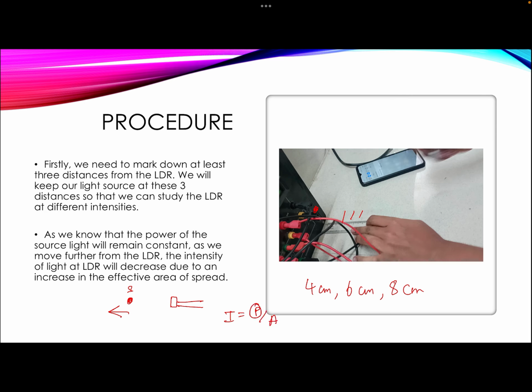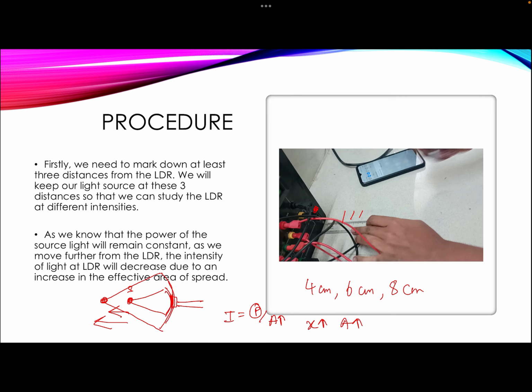So the P will be constant for the given flashlight or any power source that you are using. So as you increase the distance, the effective area that is being covered by the power source will be increasing. So with an increase in distance, the area will also be increasing, as you can see here.